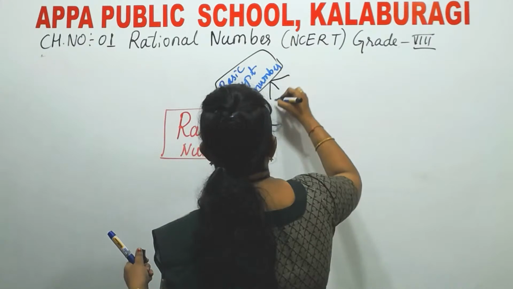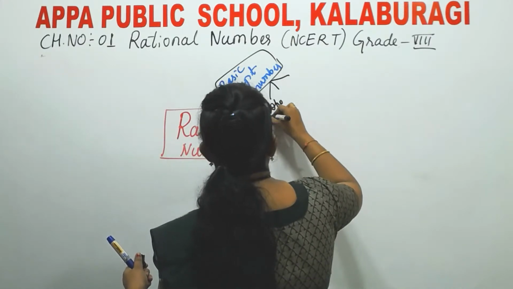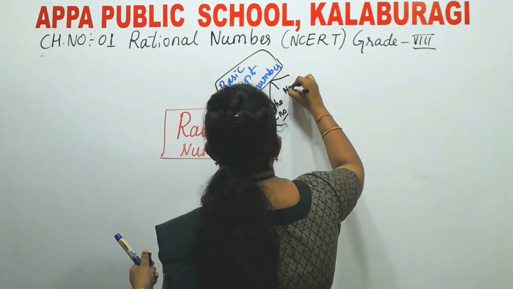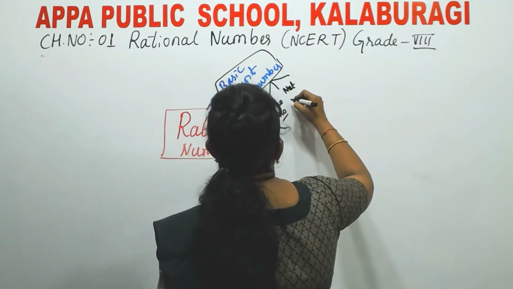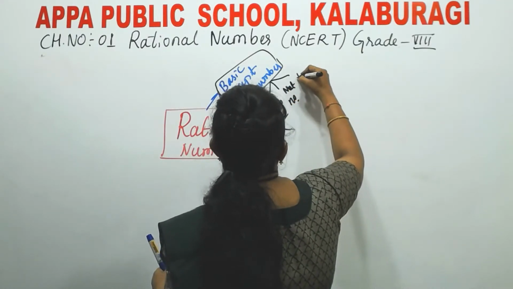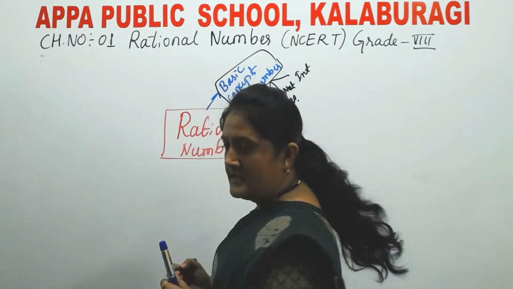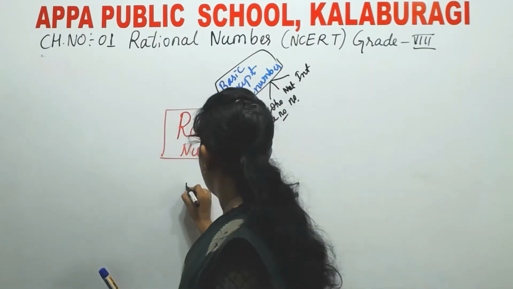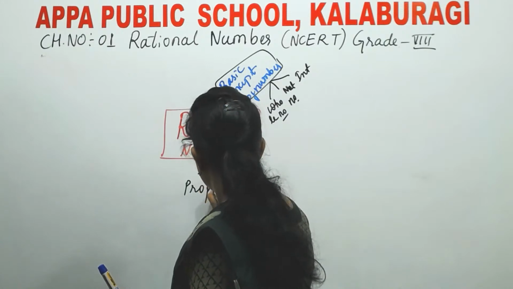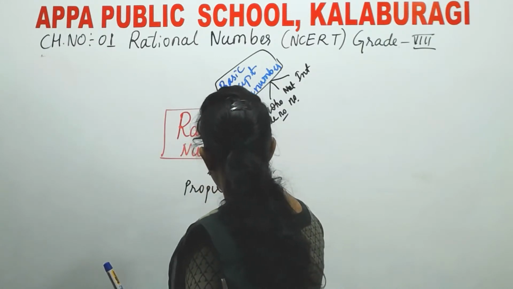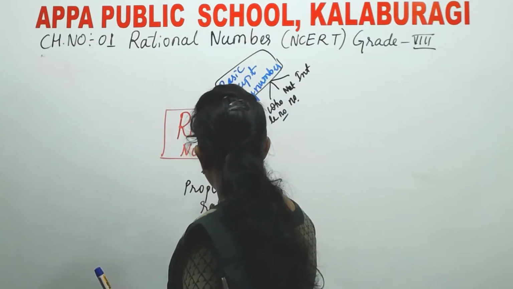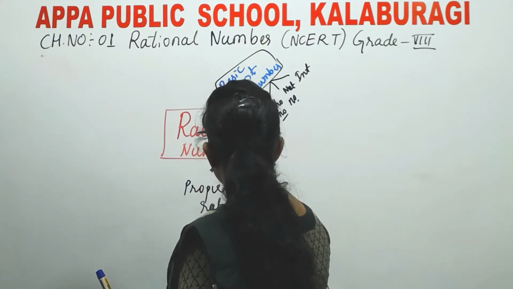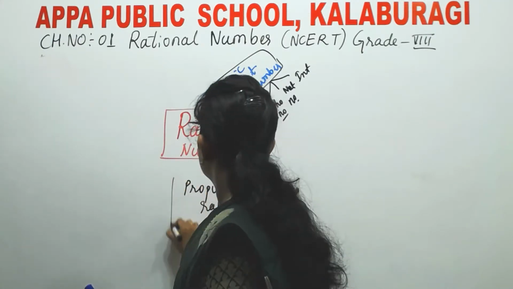That is whole numbers, natural numbers, and integers, right? Then for rational numbers, what have we learned? Again we've learned properties of rational numbers, right?